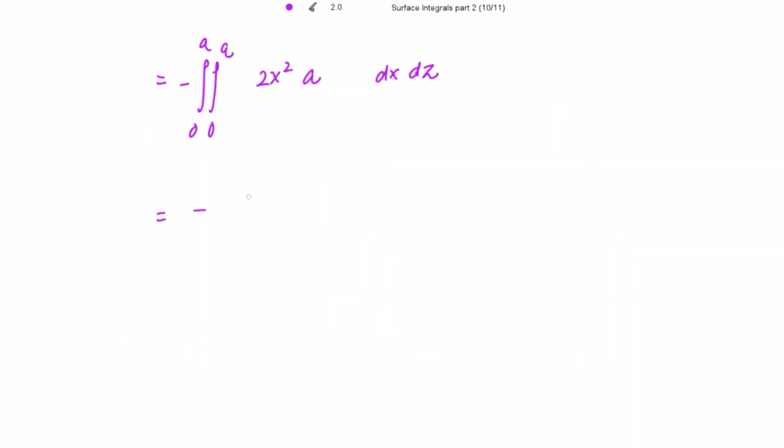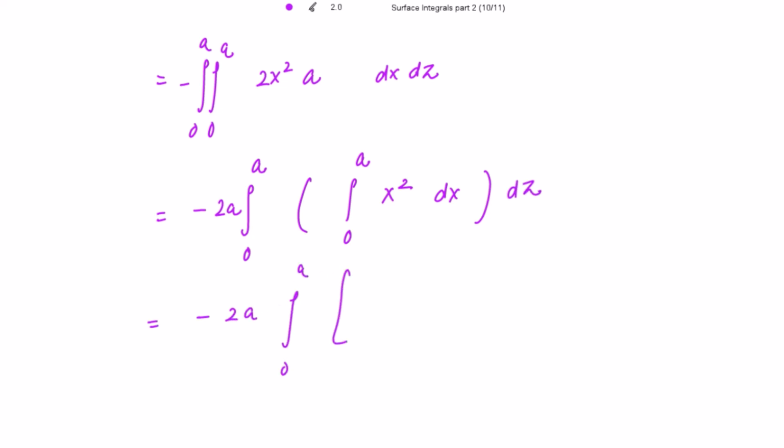So this is equal to negative of, integrating with respect to x first, taking 2a outside, negative 2a times the integral of x square with respect to x, we get x cubed divided by 3, limits from 0 to a, and dz. When putting the upper limit, we get a cubed by 3 minus the lower limit, that gives 0. So this is a cubed by 3, taking this 3 outside, and also a cube is taken outside.